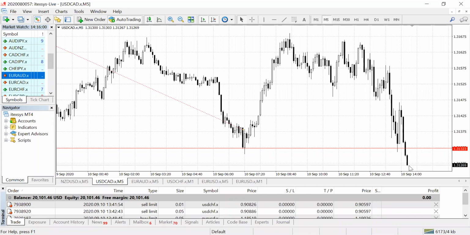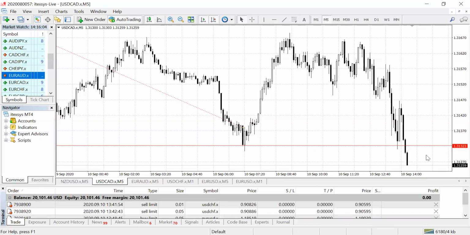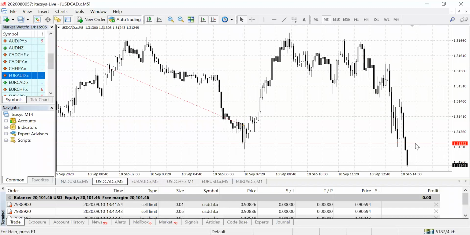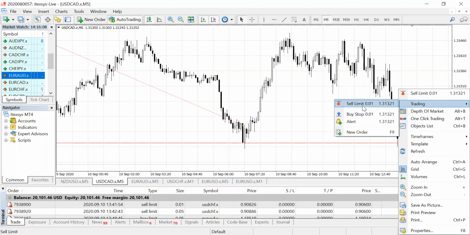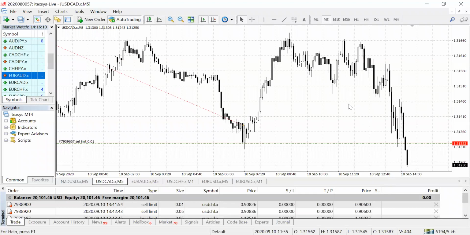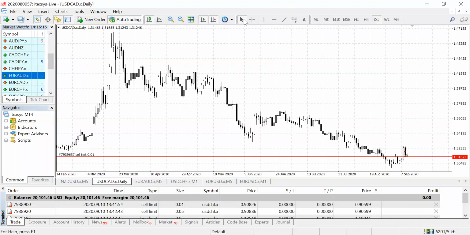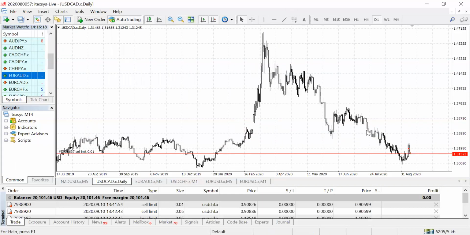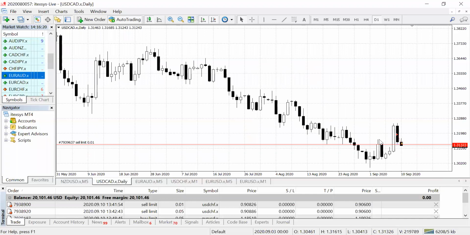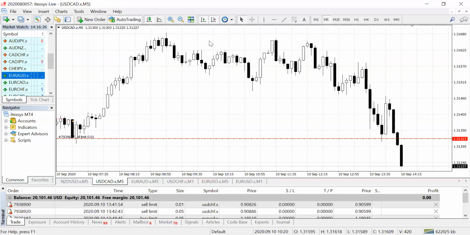So I would like price to come back to this area, and I would be shorting this area right here. Let me place some sell limit orders right there. That's a great setup. I like it because we have increasing momentum to the downside. If we go to the daily, the long-term bias is still bearish. We had one attempt to go up, and it's being rejected completely. So I like this setup.